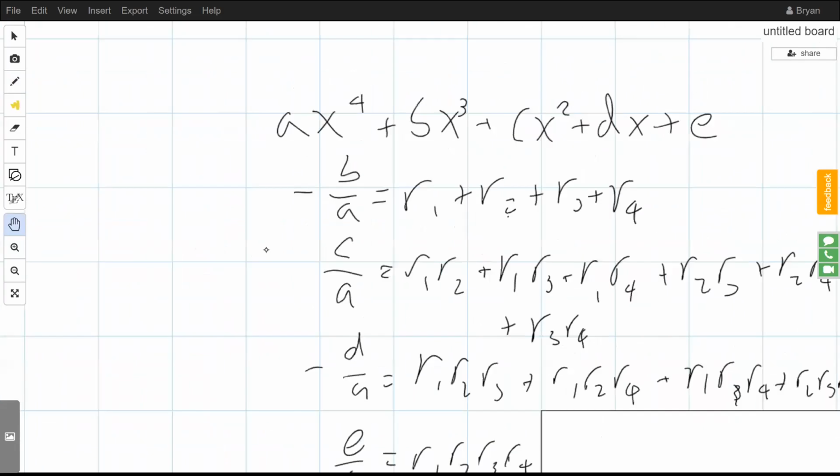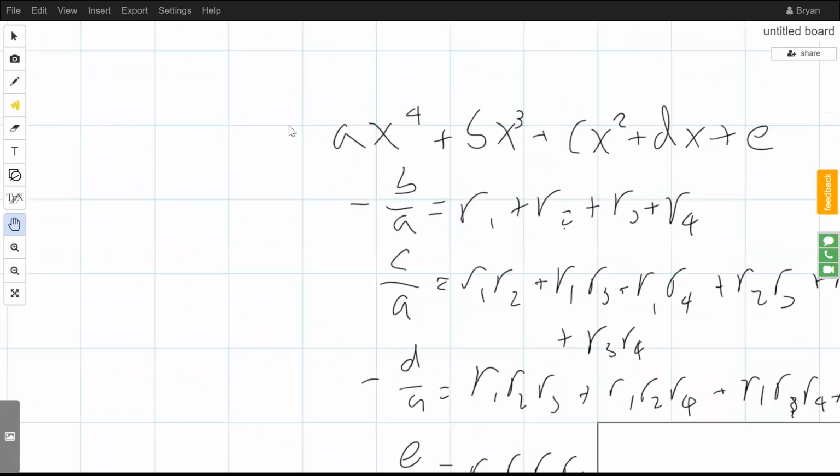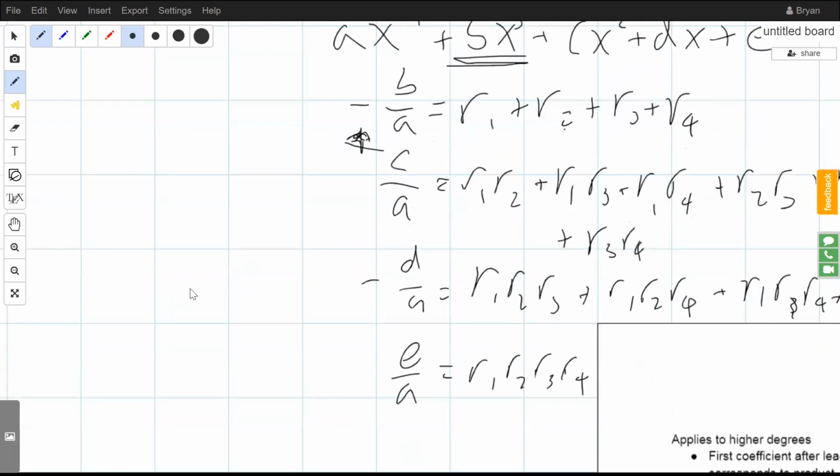One way to remember this is that the second term, the sum of the roots, will always be negative b over a. It will never be anything different. From there, for each coefficient after that, you just alternate signs: the next one is positive c over a, the next one is negative d over a, and the next one is positive e over a. So that's basically how you remember it.